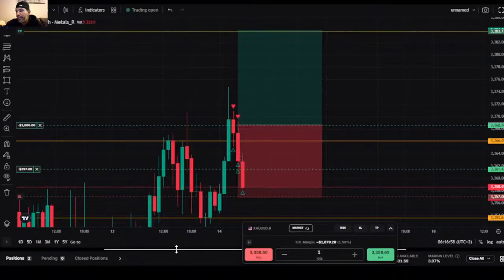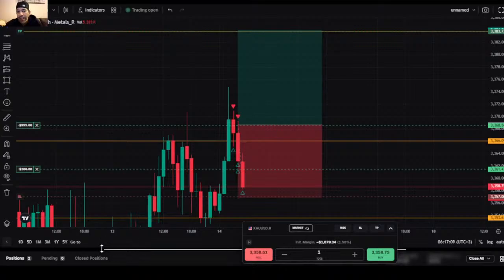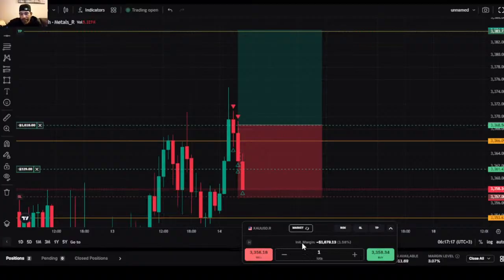Okay, yeah, I see what you're talking about here. Wait, what time frame was this? Oh, this is the 8 hour. I don't even have that time frame chart up. Yeah, but it's interesting there, Fluidity.